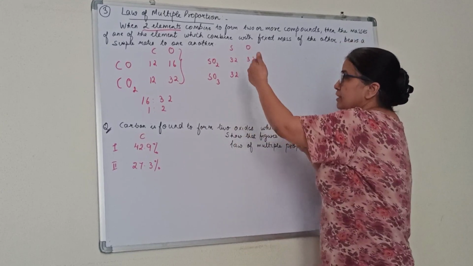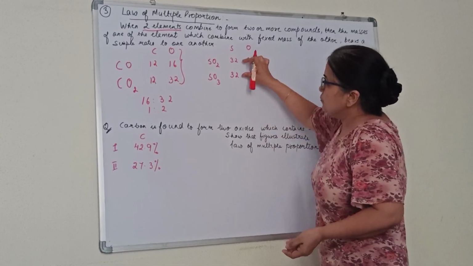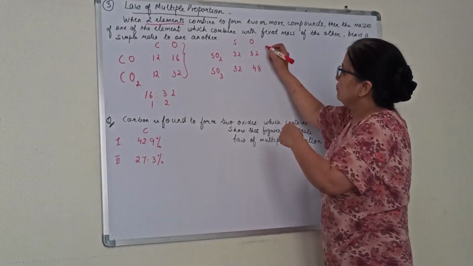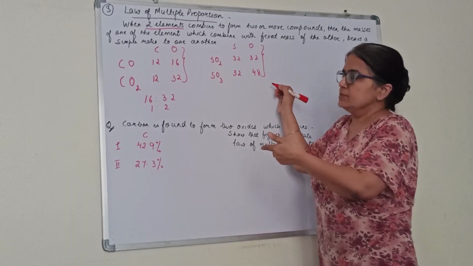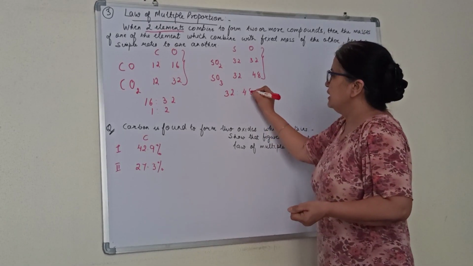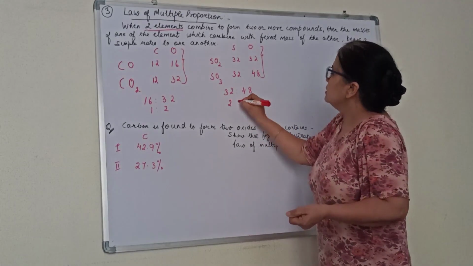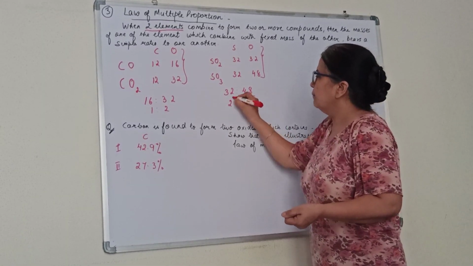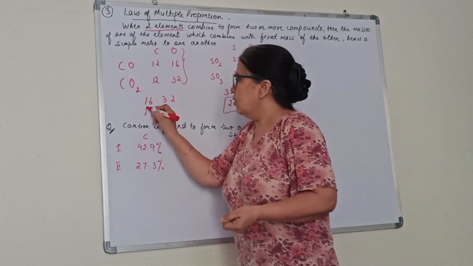Again, sulfur is already fixed here. So with the fixed mass, what is the amount of the other element combining? We have to check the ratio. So what is the ratio, children? 32 is to 48, which is 2 is to 3. It bears a simple whole number ratio. This is what the law is saying.